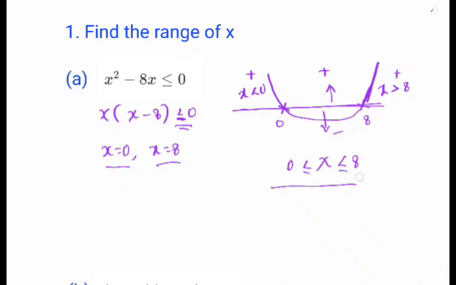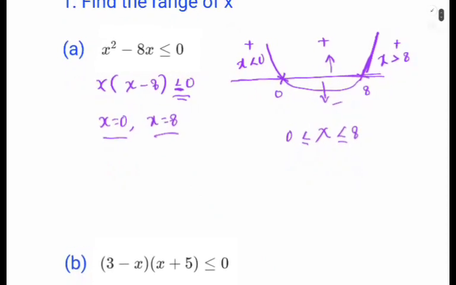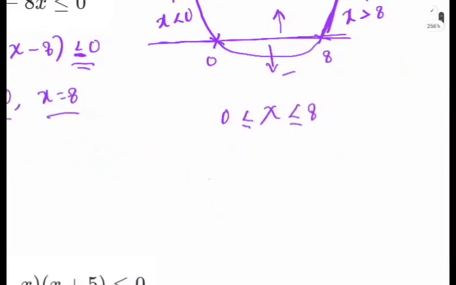Now some students find it difficult to tell which part is the answer. So for those students, let's see a little bit if you draw a line here. Let's say here x equals 2 and here is 3.